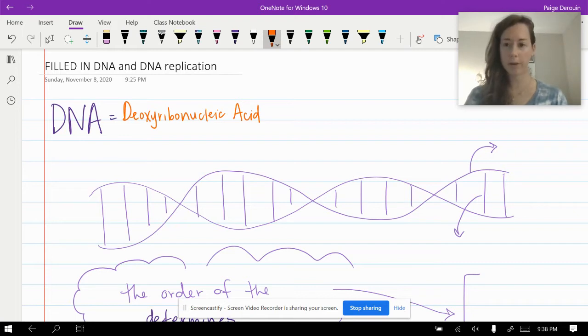Really what this means is it tells you the different parts that make up DNA. Deoxy means that it doesn't have oxygen. Ribo is because the sugar is ribose that makes up DNA. And then nucleic acid is because, if you think back to biomolecules, it's a nucleic acid. So that's how it gets its name.